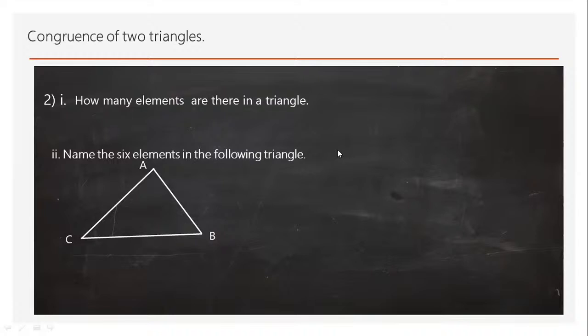Then 6 elements are there. What are they? 3 sides and 3 angles. Altogether 6 elements. So look at here, name the 6 elements here. 3 sides are there: AC side, CB side, AB side, right?